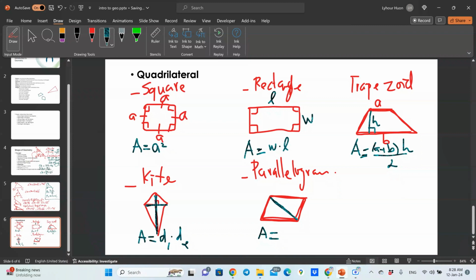When we draw a diagonal through the parallelogram, what do we see? Half of the parallelogram shape looks like two triangles. Yes, two triangles. So it should be like this and this. So it's two triangles. What is the area of a triangle?